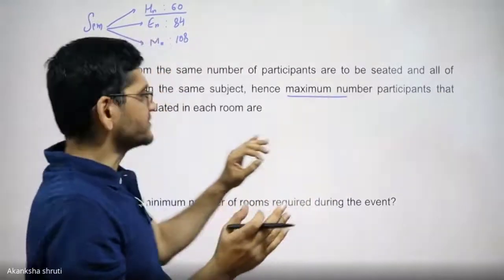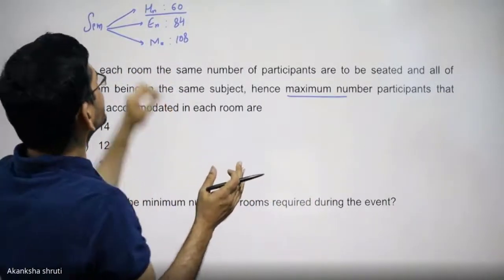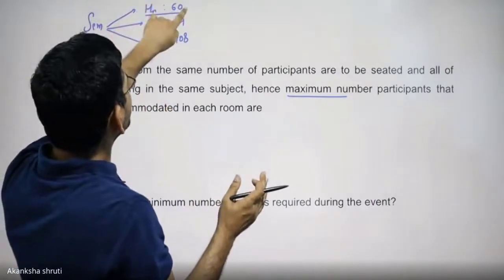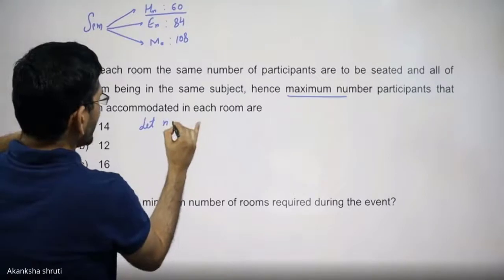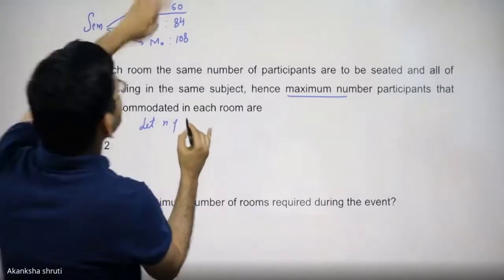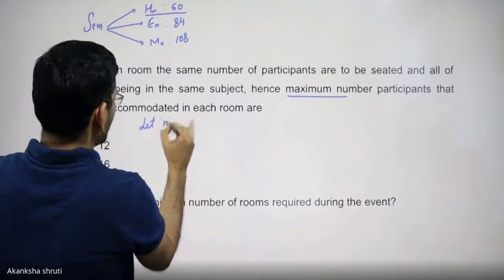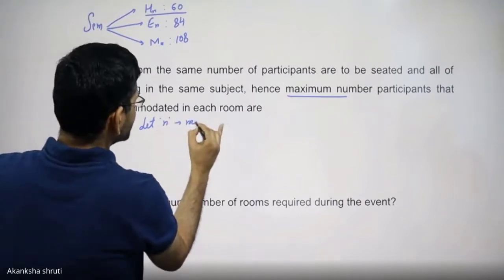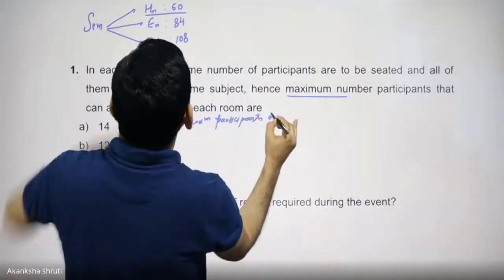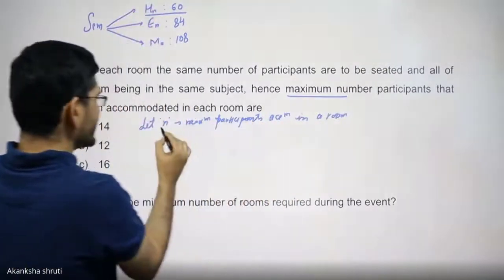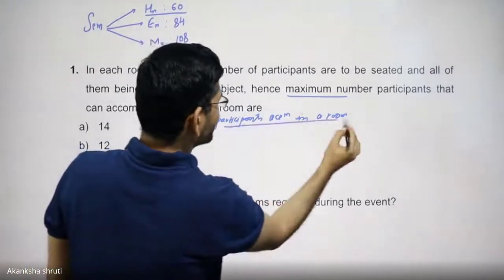It means the n number of participants is out of this 60. So let n be the maximum number of participants, students, keep in mind. N is the maximum participants accommodated in a room.